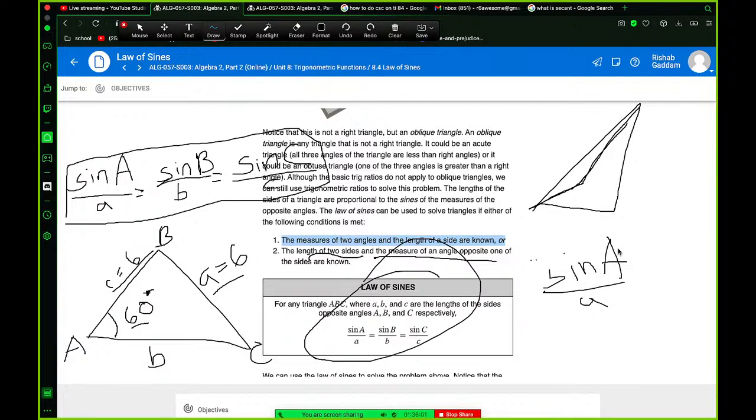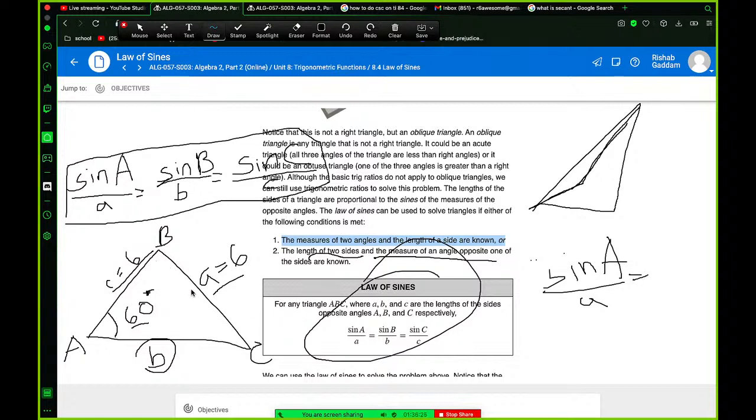So that's why this is significant and cool, or at least that's why I find it fun and cool. So basically you have sine of angle A, and you have A. So let's say you want to get the length of B, and you don't have it.